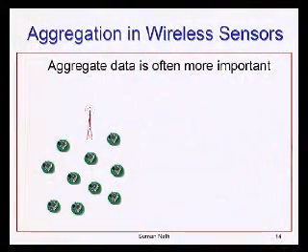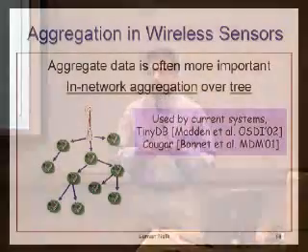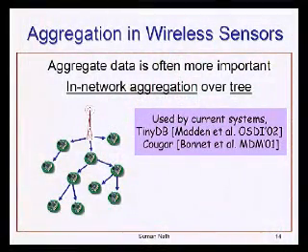Okay, so now I will talk about the first component of this end-to-end robustness equation, which is how we can make the data collection part robust. One of the important tasks in wireless sensor networks is to collect aggregate data, for example, average temperature sensed by the sensors, or to count the number of live nodes in the network, and so on.